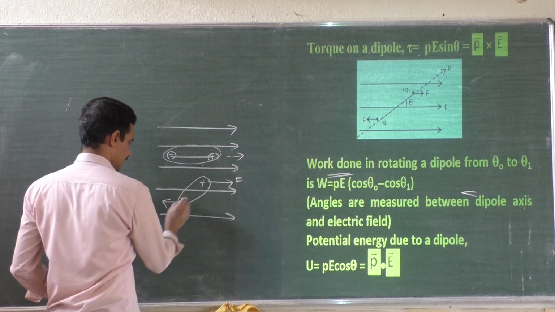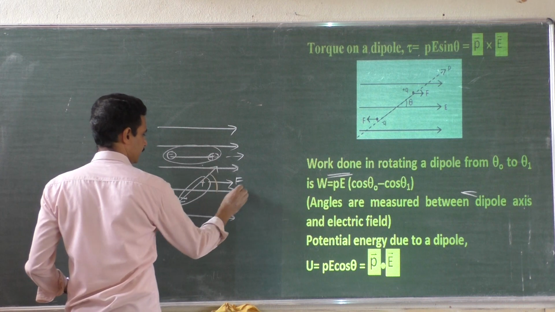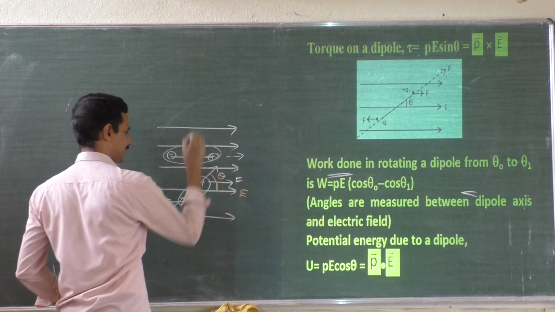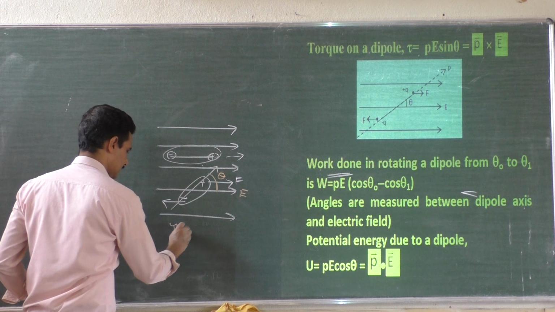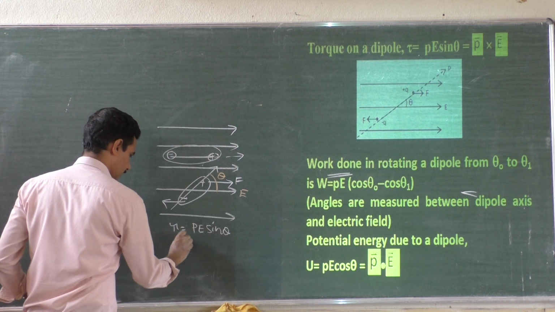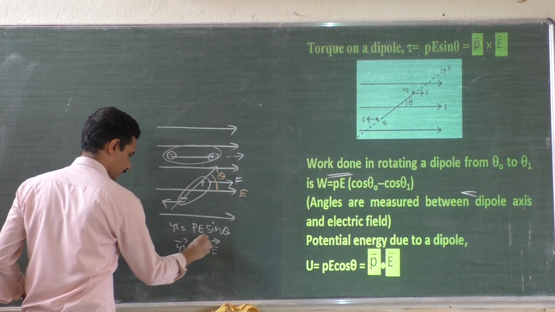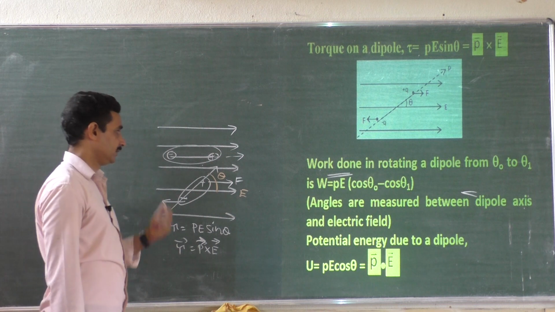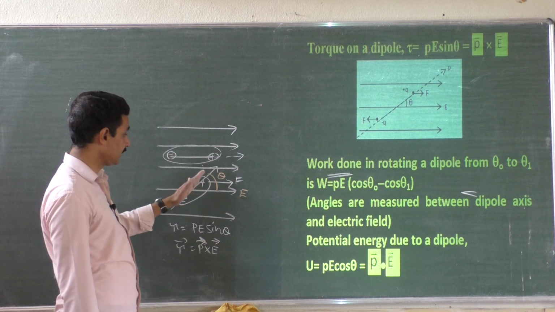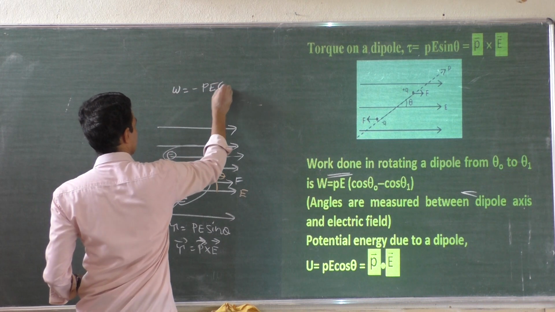Suppose the dipole moment is like this, and the angle between the electric field and the dipole moment is theta. Then torque is equal to PE sin theta, or it is the cross product P cross E. It is a vector quantity. Now, what is the work done in turning it from here to here? Work done is minus PE cos theta.